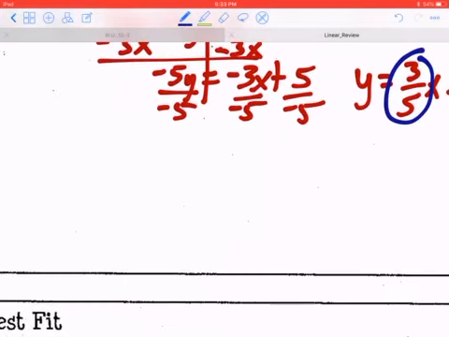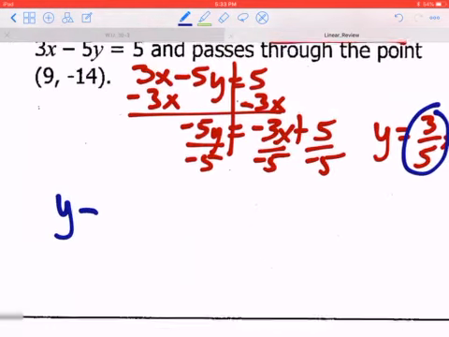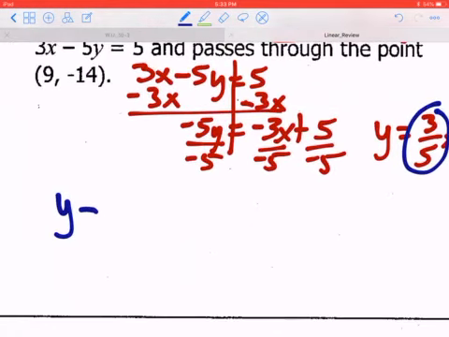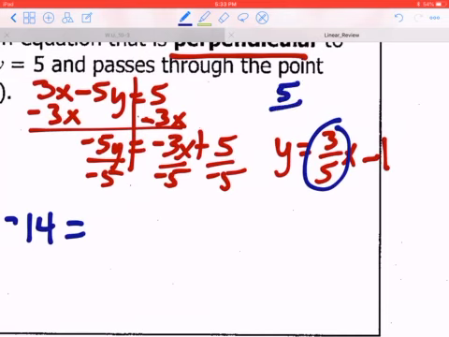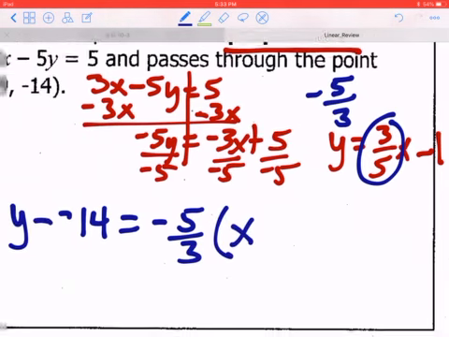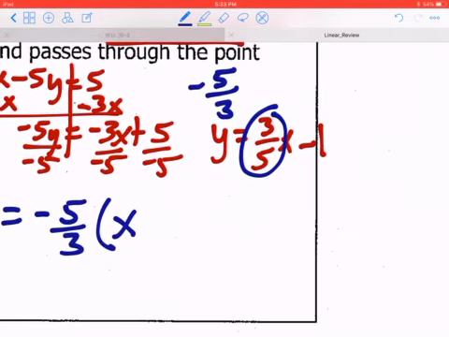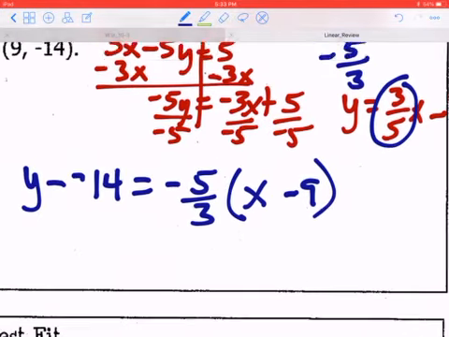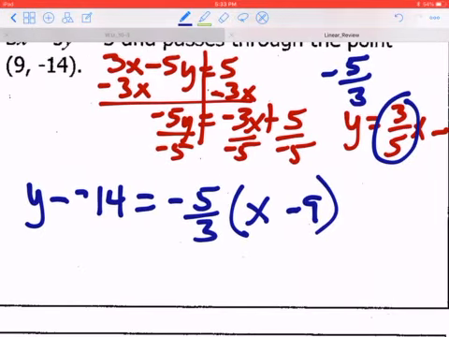So it's going to be y minus, and I'm going to use one of these points, which is 9, negative 14. So y minus negative 14 equals, the slope that's perpendicular to that has to be the opposite reciprocal, so negative 5/3 times x minus 9. So now this is y plus 14.